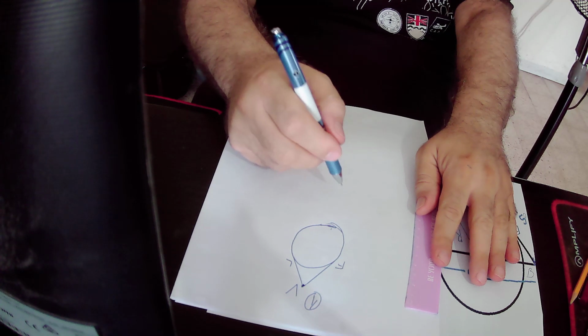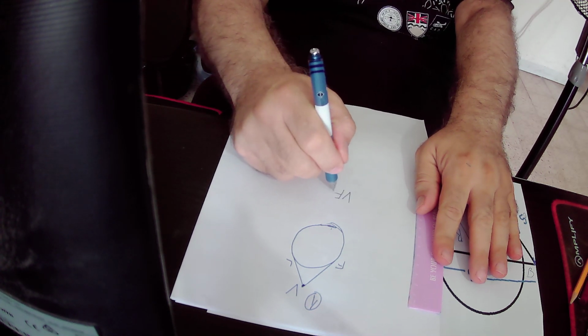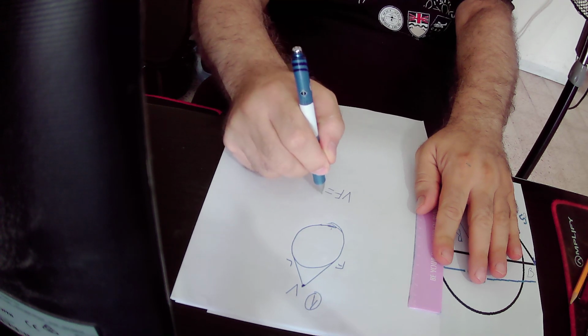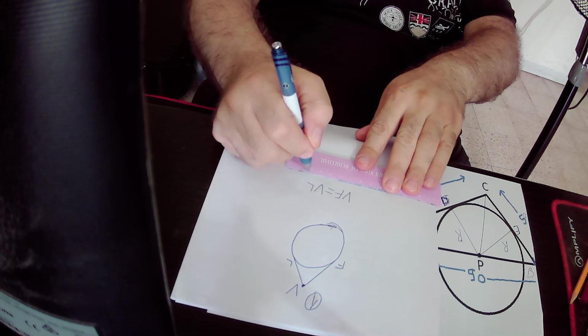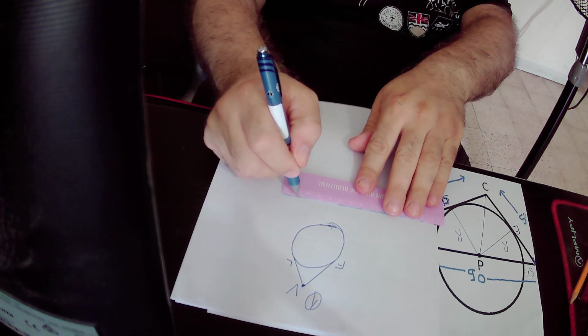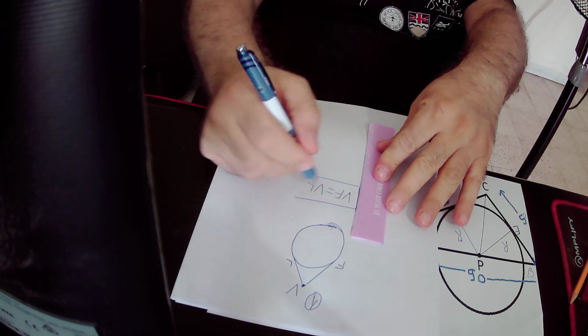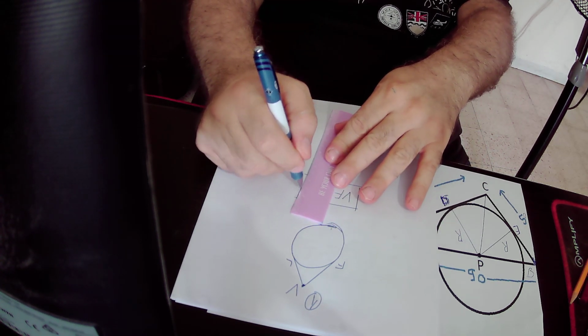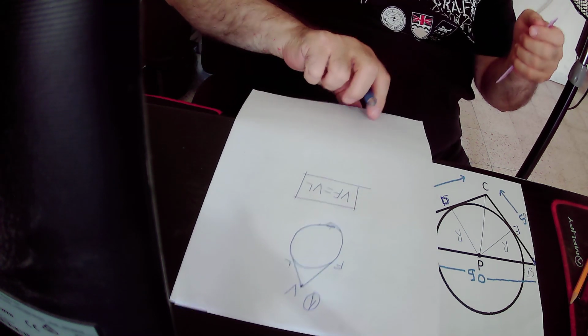So we can say that VF equals VL. That is a rule: if from an external point of a circle you draw two tangents to the circle, then those two tangents are equal to each other.